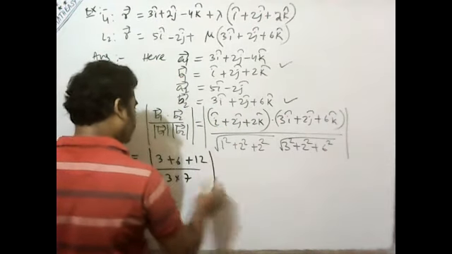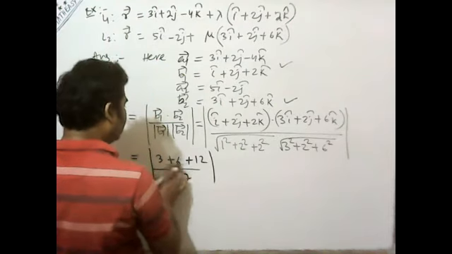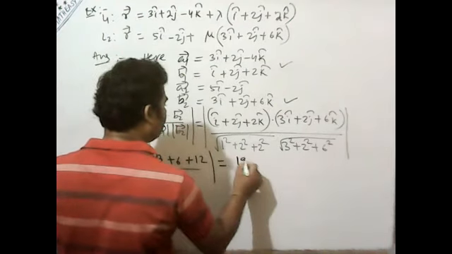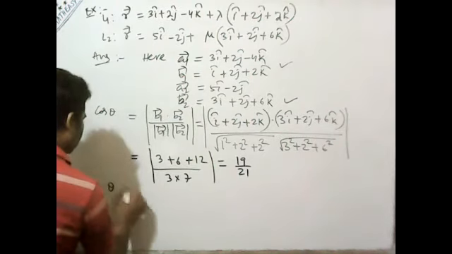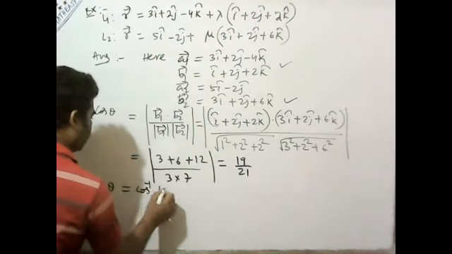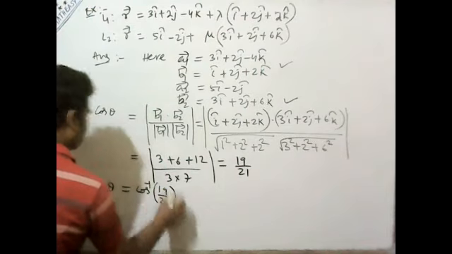The magnitude is 3 into 7, that is 21, so it is 19 by 21. So here theta is equal to cos inverse 19 by 21.